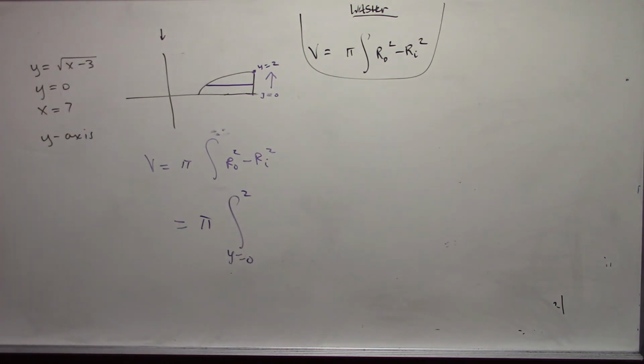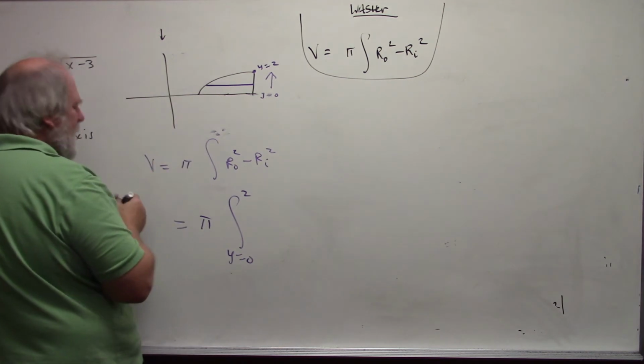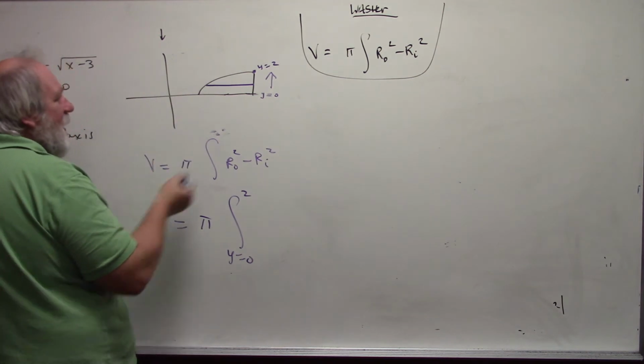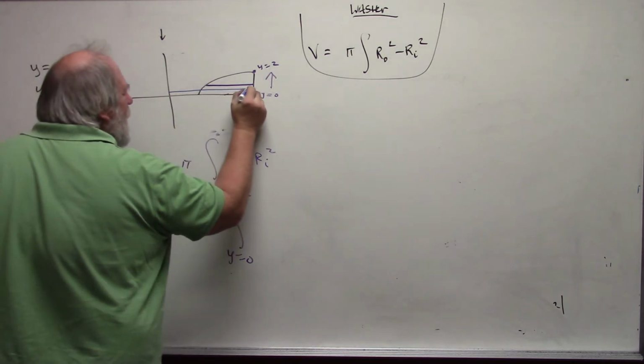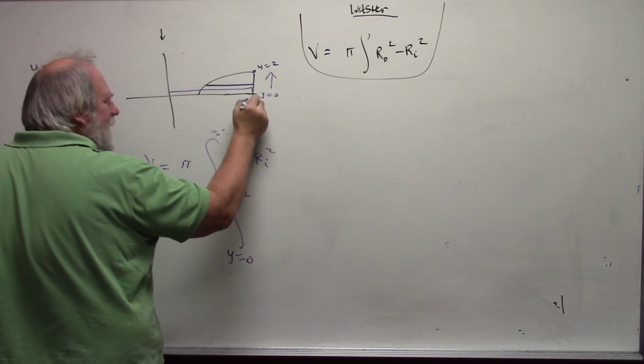My outside radius would be the distance to the outside function, in this case furthest from the axis, which is this line here. This was the curve x equals 7.